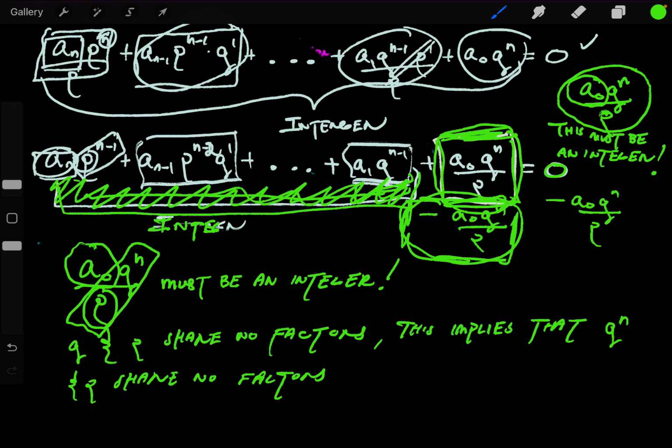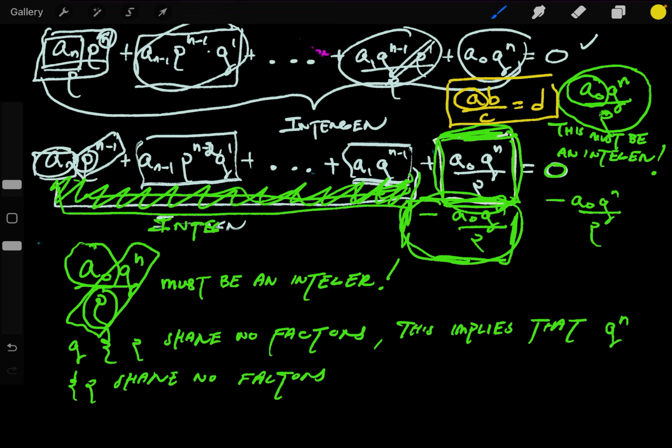To put it in simpler terms, if I have A times B over C equal to some integer D, and I know that C is not a factor of B, that must mean that C is a factor of A. Okay, I'm going to state that again in this simple example.